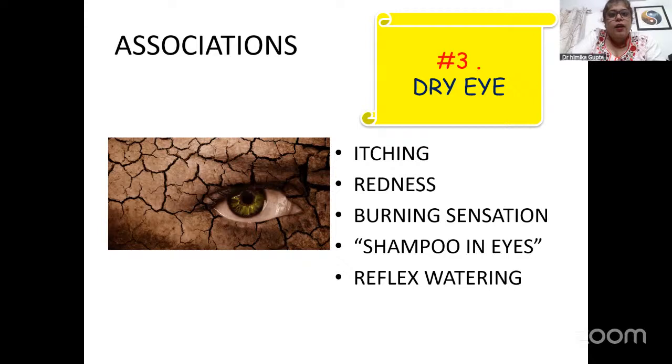And they are coming up with their own nomenclatures to describe their symptoms. And many of these patients also have watering. So this is the paradox that in any case of dry eye, whenever the eye has a lack of tears, the body tries to overcompensate, and then we end up having reflex watering.